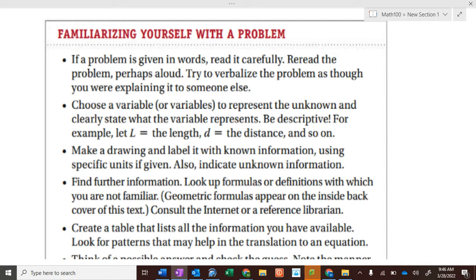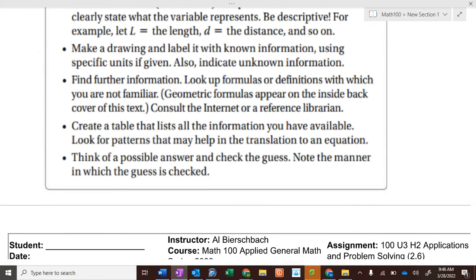Be descriptive. For example, let L be length, let D be distance, and so on. Make a drawing if you need to. If you have like this field, this rectangular pasture needs to be fenced, what should you draw? A rectangle. Okay? So put on the information that you need.